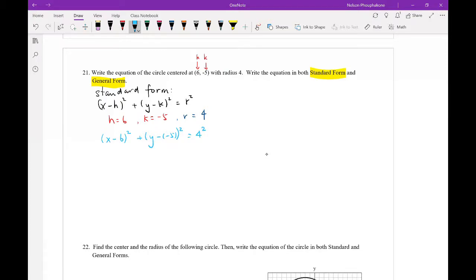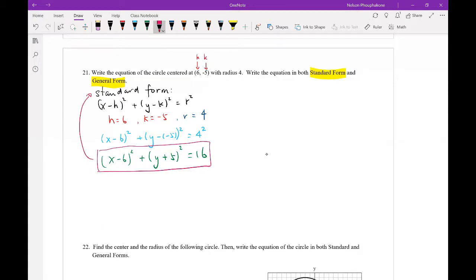So then we will have (x minus 6) squared plus (y plus 5) squared equal to 16. Nice, right? Okay, it is in standard form.